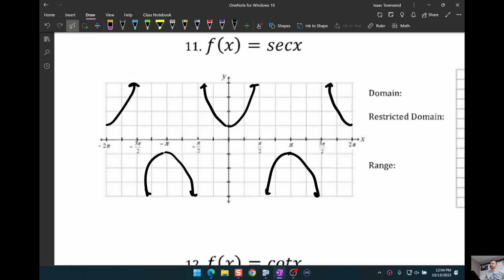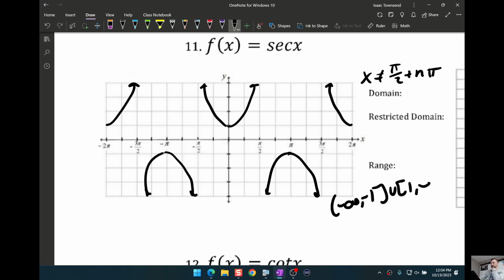Okay, there is secant. The domain we talked about in section 4.6, the range we talked about in 4.6, but this is not 1-to-1 until we restrict the domain. And with secant, we ignore this stuff and this stuff.